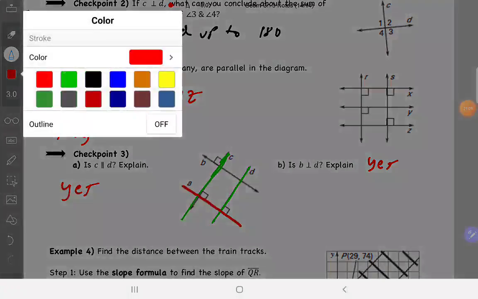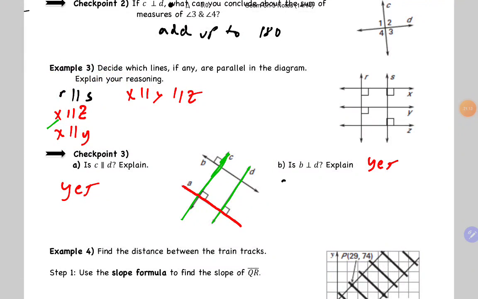And this is how the reasoning goes for this one.